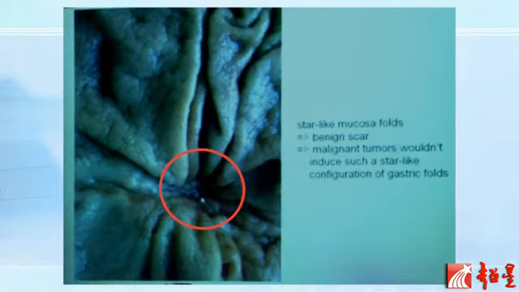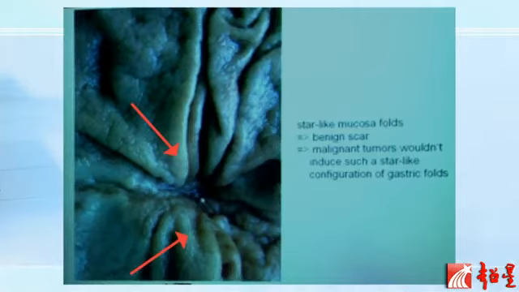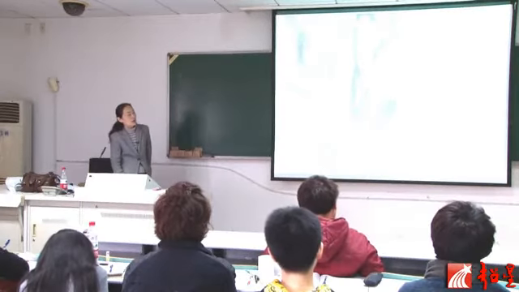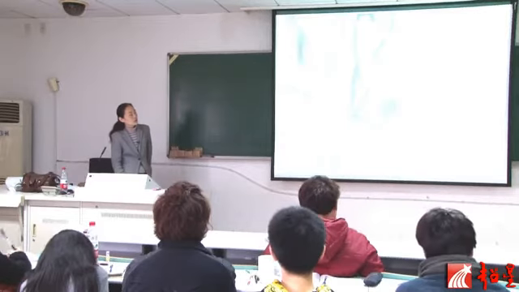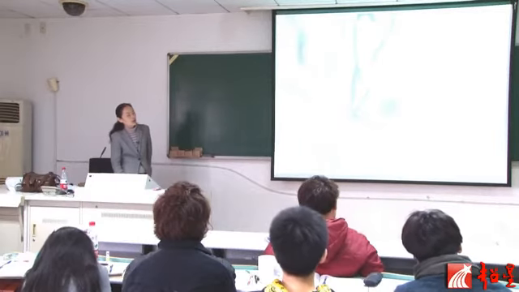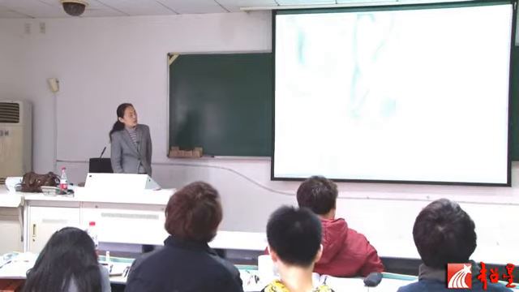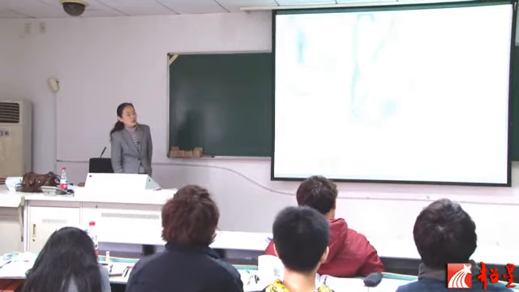It's small. The bottom is clean. It's flat, clean, and the mucosa surrounding this ulcer, we say, has star-like mucosal folds. This is the character of peptic ulcer from the close view. This is very important to distinguish the benign ulcer from the malignant ulcer.